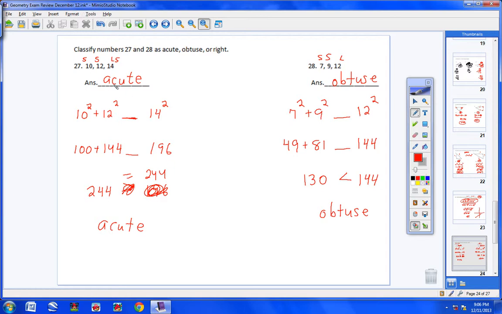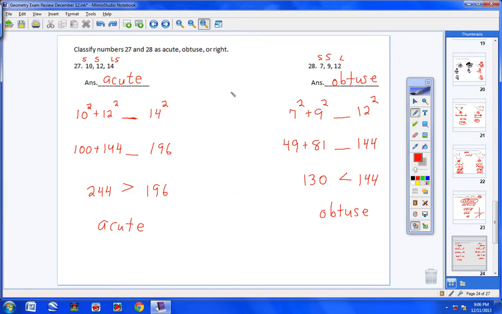So when you have these 2 numbers coming out to be the same, then you know you have a right triangle. But other than that, when the left side is greater than the right side, you know you have an acute triangle. And when the left side is smaller than the right side, you know that you have an obtuse triangle, as long as you set your problem up like this. Your 2 shorter sides being squared and added together, and your longer side over here being squared.